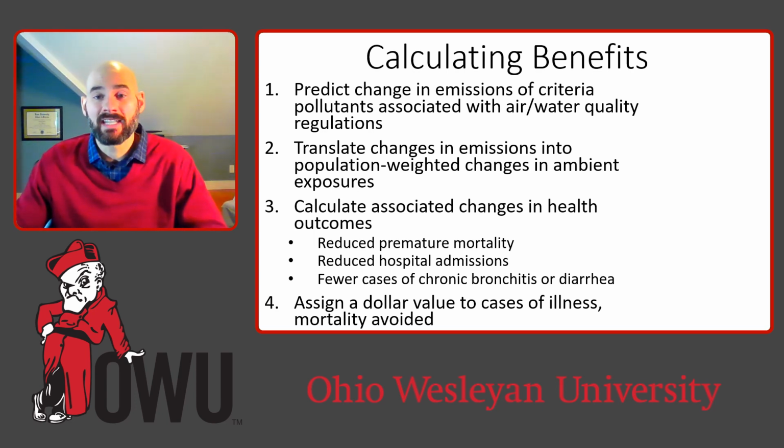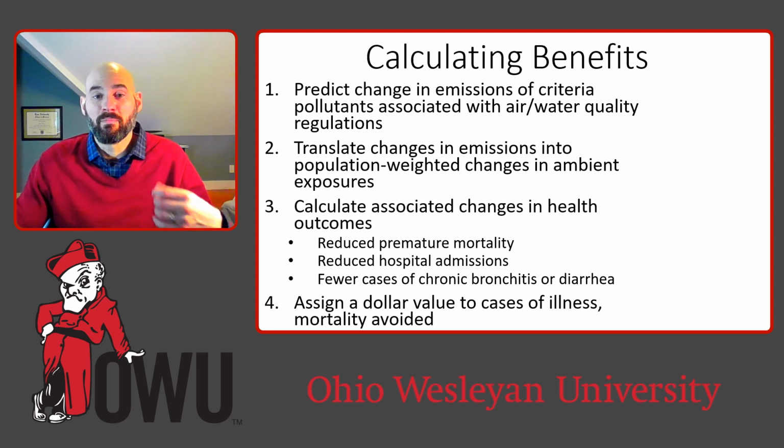So the first step in the cost-benefit analysis for environmental regulation, once again, in this case, we're thinking about air pollution regulation. We want to predict the change in the emissions of the pollutant associated with the air quality regulations.